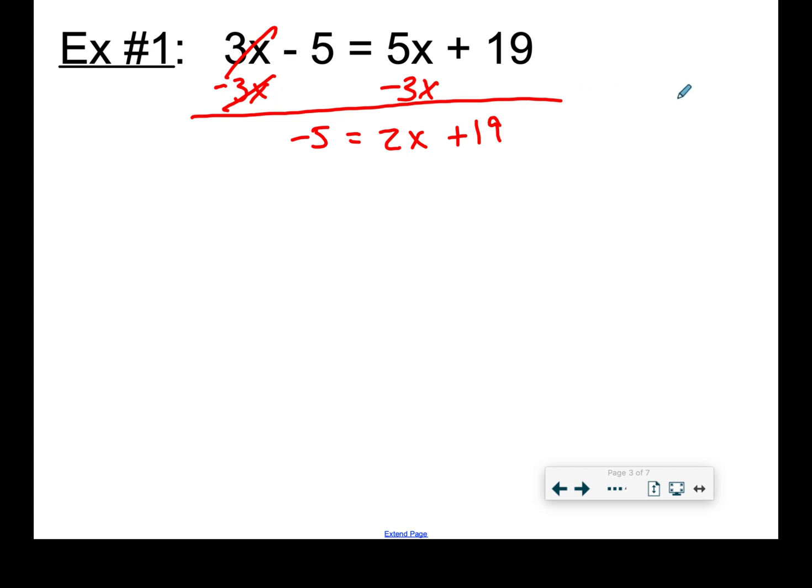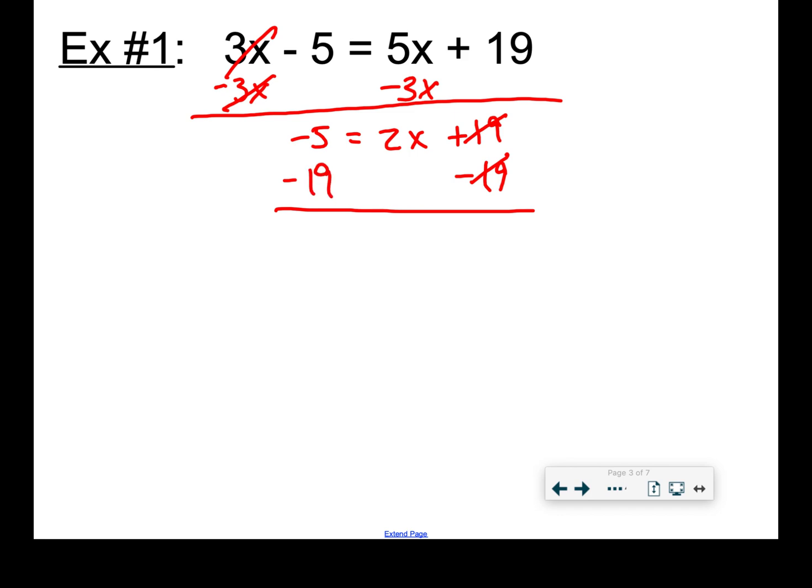Now at this point, we're going to take this positive 19, and because I'm trying to solve for x, I want to get this 2x term all by itself. That means I've got to get rid of the 19, so we subtract 19 to get that out of there. That cancels out. Do the same thing to the other side of the equal sign.